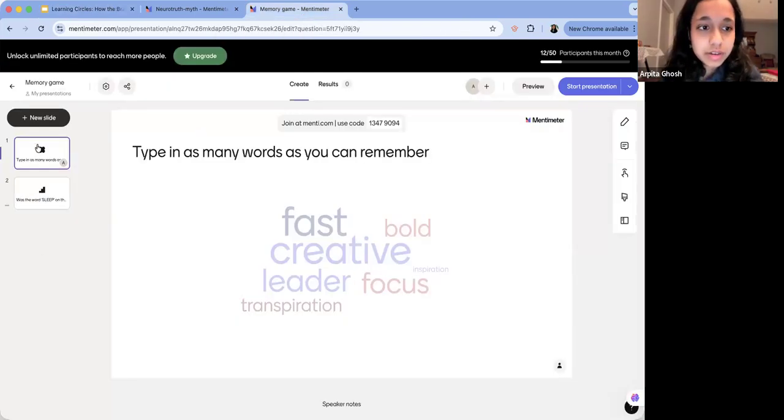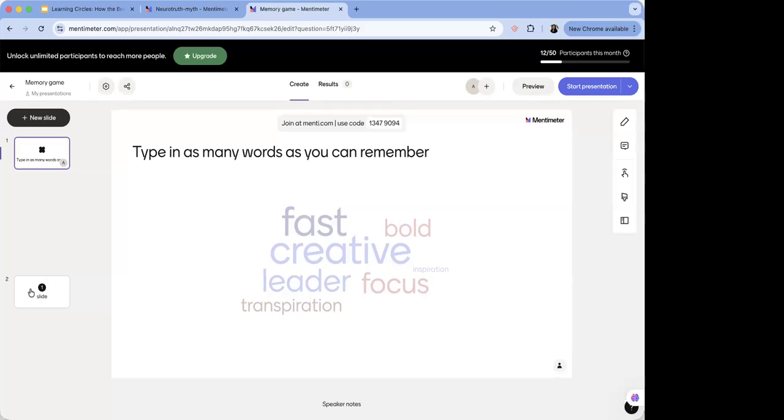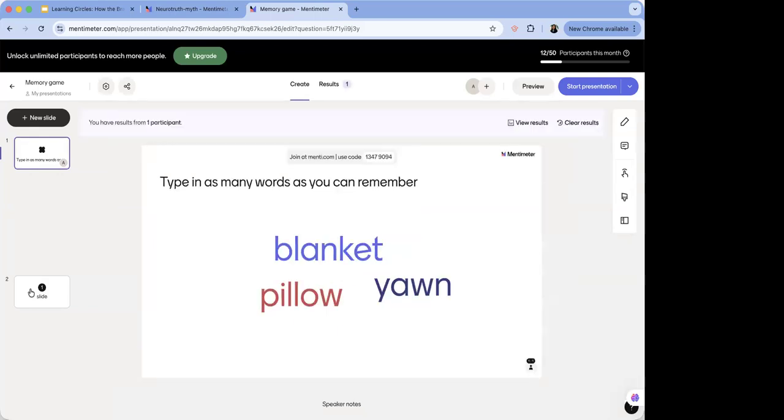And type as many words as you can remember. Can you share the link as well? I'm not able to open the QR code. I've just shared the link in the chat box, and then you should be able to join in. Okay, thank you.